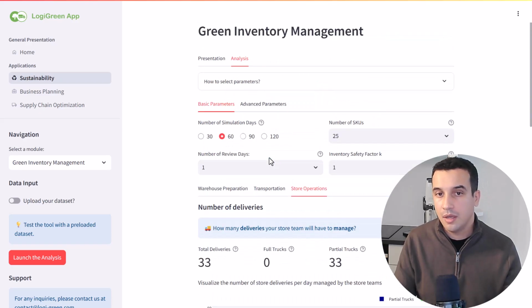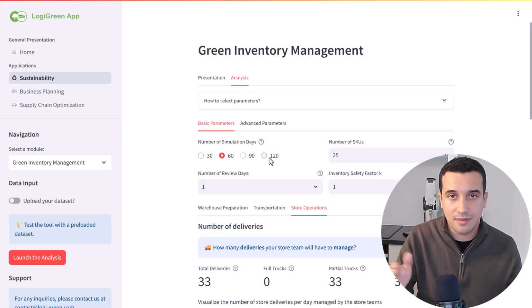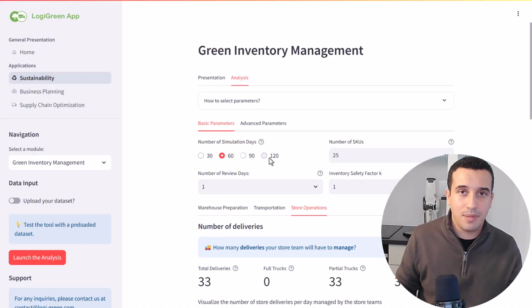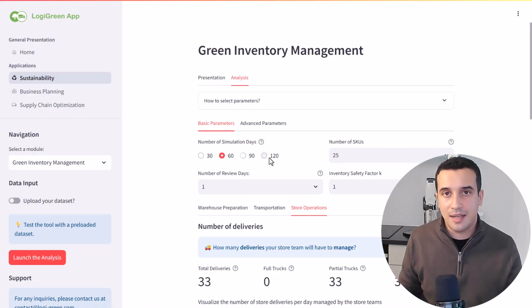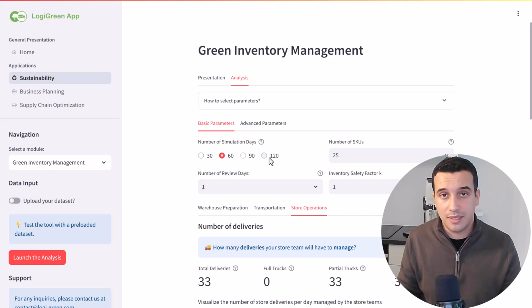So basically, what happened is that when I was sharing this case study and this web application, most of the time, decision makers were telling me it's too complex, we cannot adapt that to our operations, it's too theoretical, even if I used actual data.